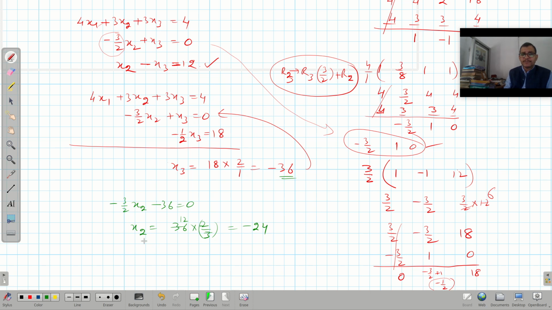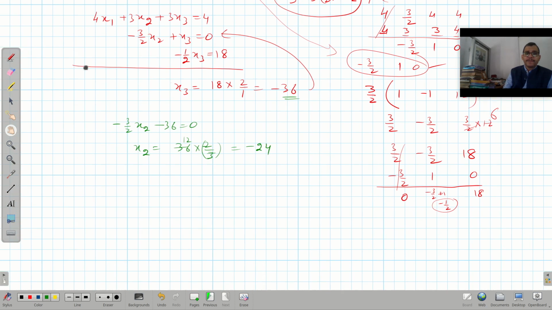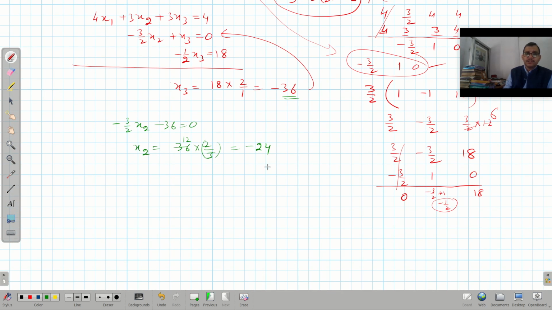So x1 is this one and x2 is this one. So then we will use these values here, means using this and this here. So it will become 4x1 plus 3 into x2. What is x2? Just a minute.